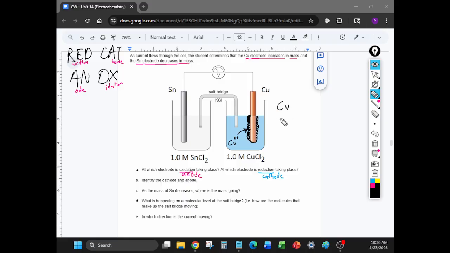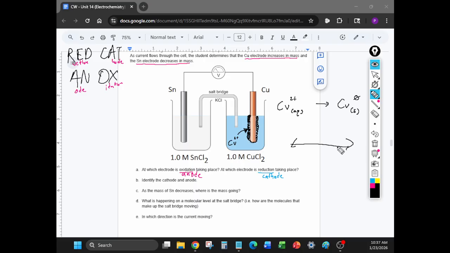So what we can see here, based on this information, is the copper ion, the aqueous copper, is turning into solid copper. Now we're going from a positive cation to a neutral metal, so we've got to figure out, did it gain or lose electrons? Well, you're going from positive 2 to 0. And if you're going from positive 2 to 0, that means you are gaining electrons, right?